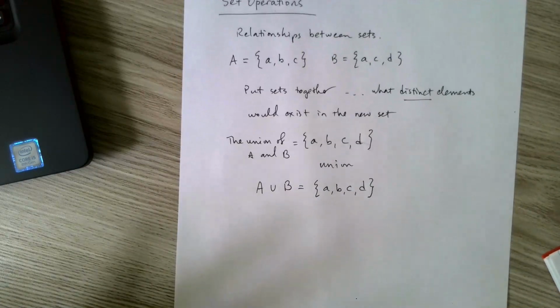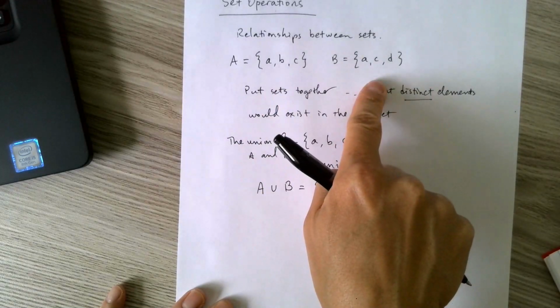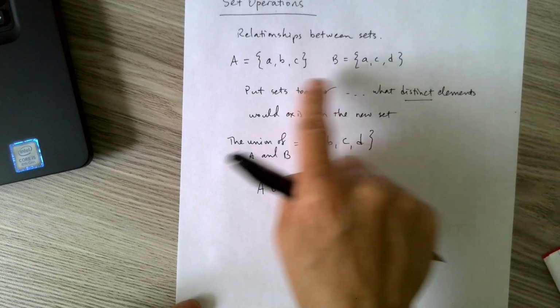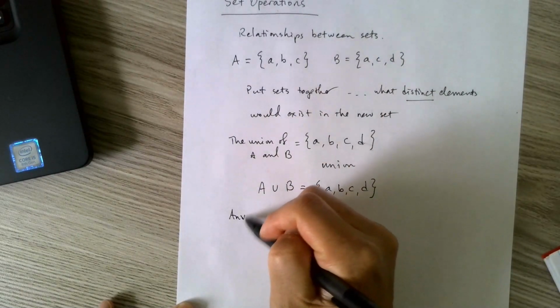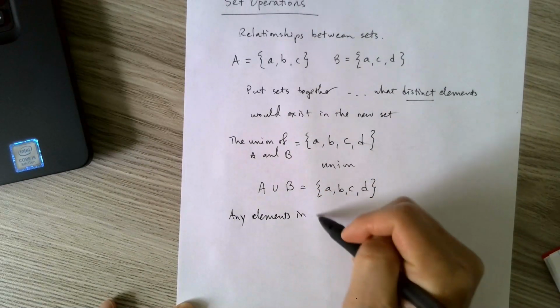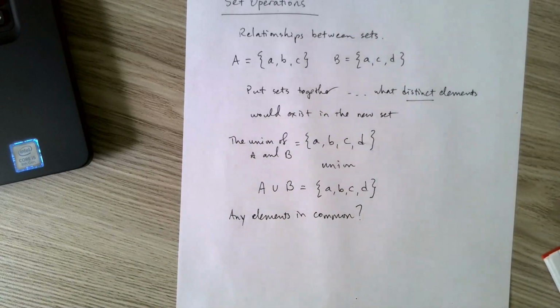Okay, now I also am interested in, are there any elements in these two sets that exist in both of the sets at the same time? Are there any elements that the two sets have in common? So any elements in common, meaning in the original two sets.